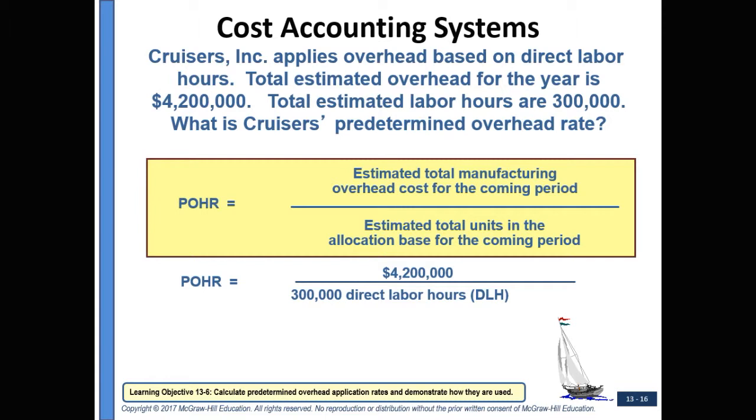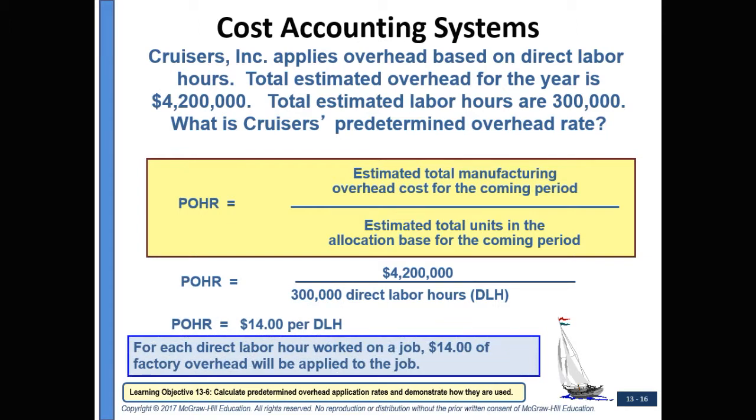What is Cruisers' predetermined overhead rate? When we divide 4.2 million by 300,000, we get a predetermined overhead rate of $14 per direct labor hour. So for every direct labor hour that is worked on a specific job, $14 of factory overhead will be applied to that job.